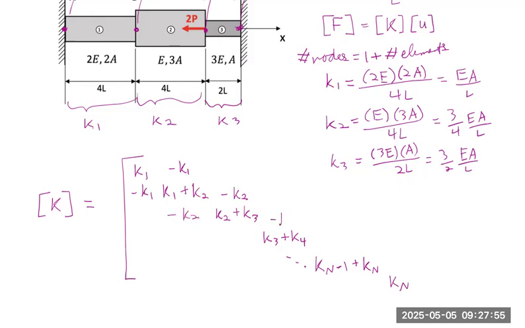Over here we have negative K3, and over here we have negative K3. Generically, we're going to have negative Kn minus 1 and negative Kn minus 1. And then it's going to end with negative Kn and negative Kn. Wait, sorry. This one is supposed to be directly above negative Kn.